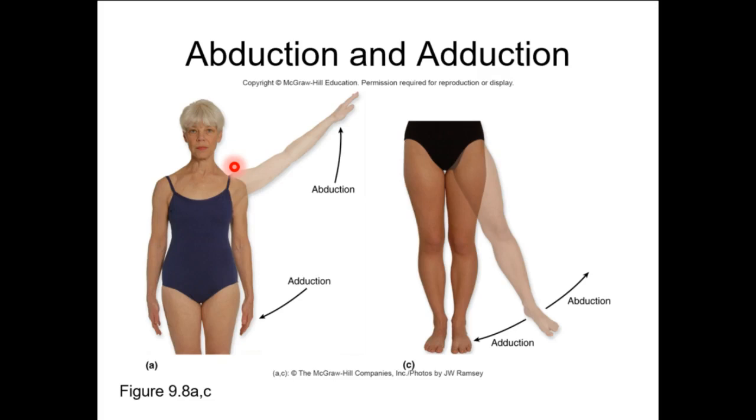So abduction is away from the midline of the body, and adduction is adding to the midline of the body. So abduction, abduction, and adduction, adduction, adding. I think that one's pretty easy because you can just imagine adding to that midline, and that gets you adduction. Same thing with your legs, abduction, adduction.